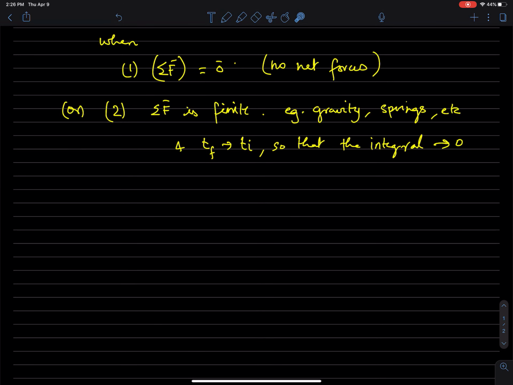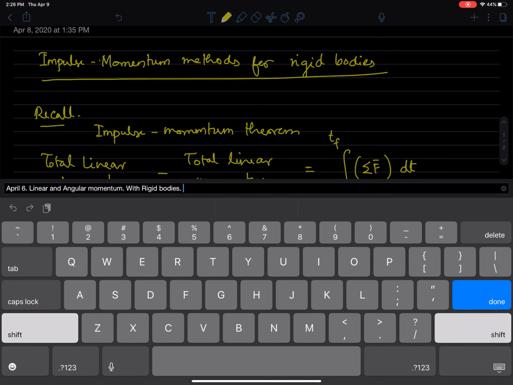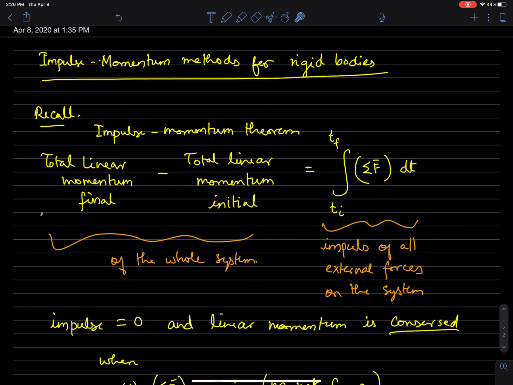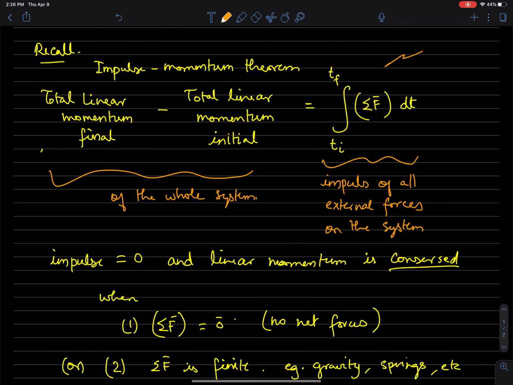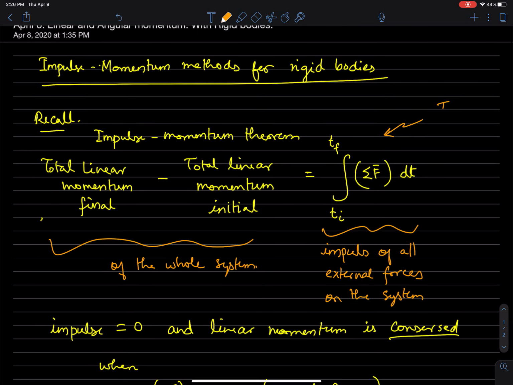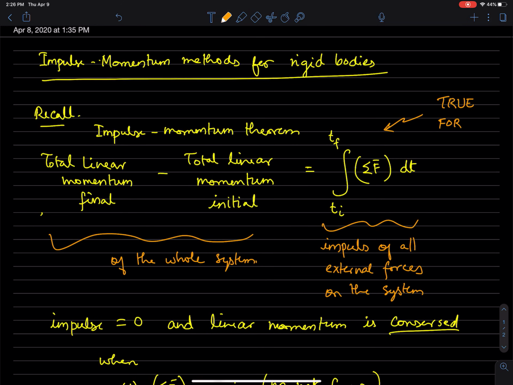Okay, this is the relationship that we wrote down for particles, and it's true for rigid bodies as well. True for systems with particles, rigid bodies, whatever.